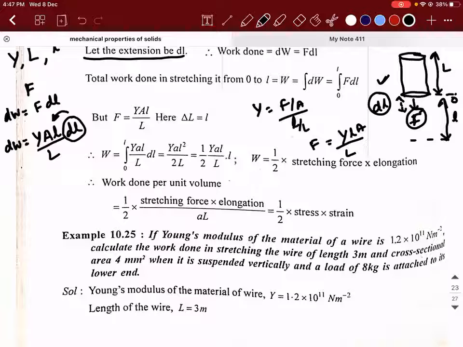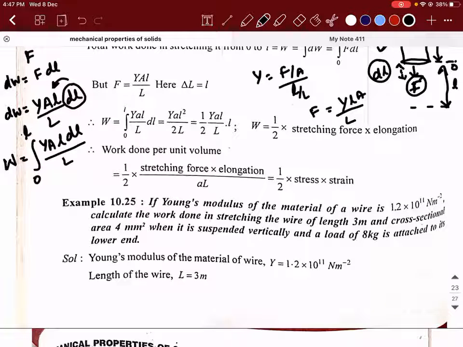Now, if I take the total work that is done, I need to integrate it from where to where? Y A l into dl divided by capital L from 0 to the maximum elongation l.